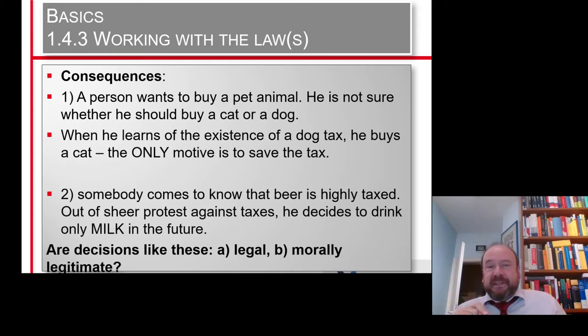Now the question is, is it morally legitimate to avoid the tax? And the answer is yes. Because if Parliament steals your money, and they also want to steal the money in a situation which they didn't even mention in the text, you have at least one justified expectation.